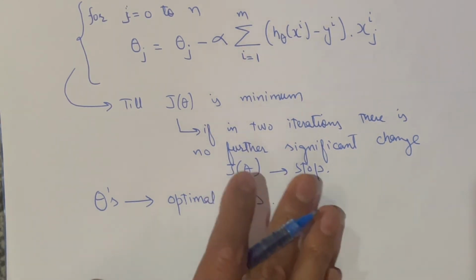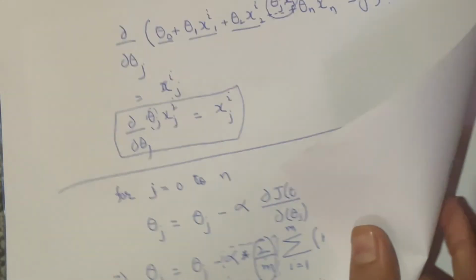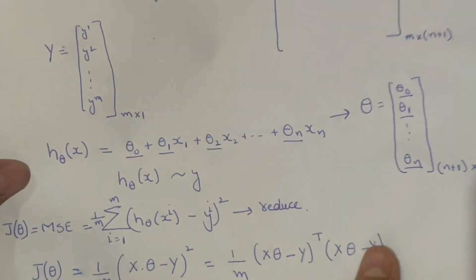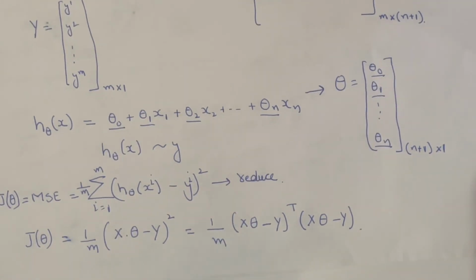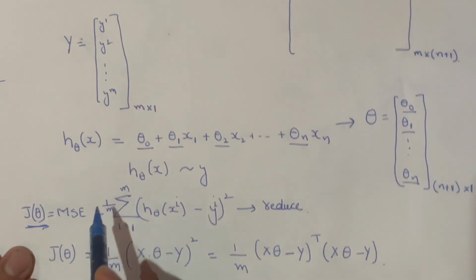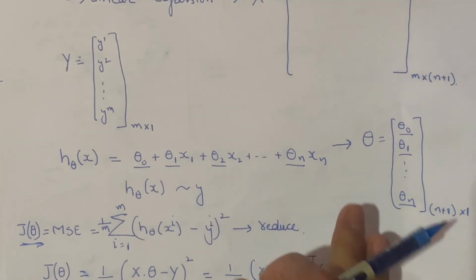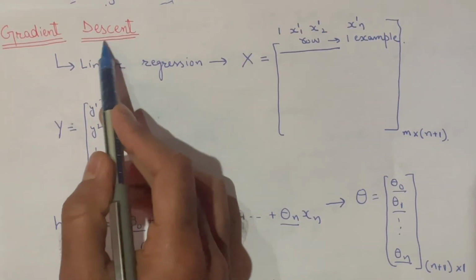Fine. So this is how gradient descent works. So let me summarize it. Gradient descent is trying to find an optimal theta that minimizes this j theta, and it is doing this by moving in the direction of decreasing j theta. So that is why it is called a descent.